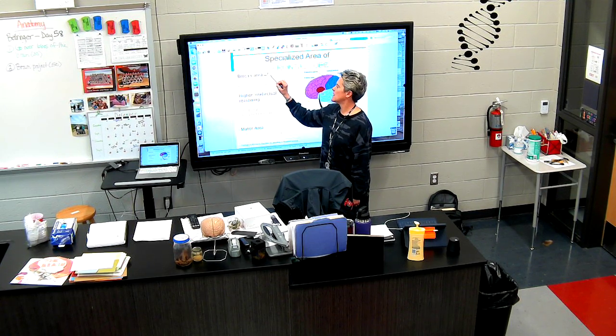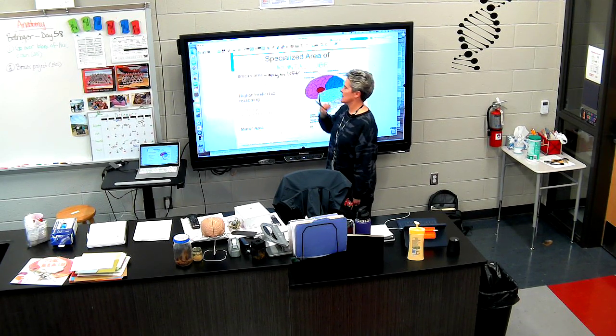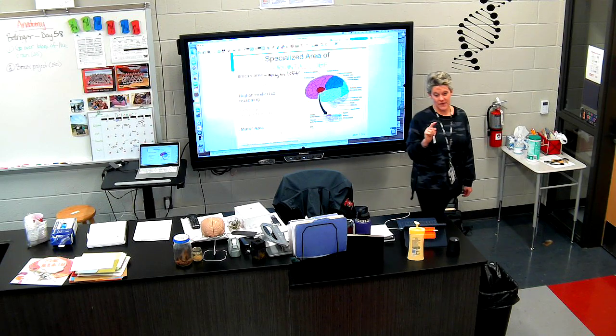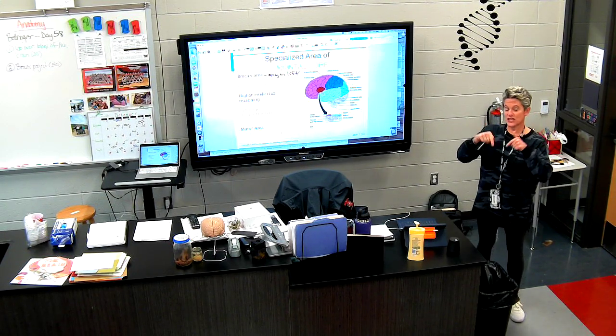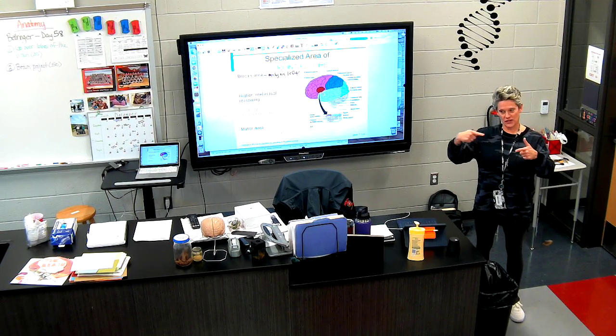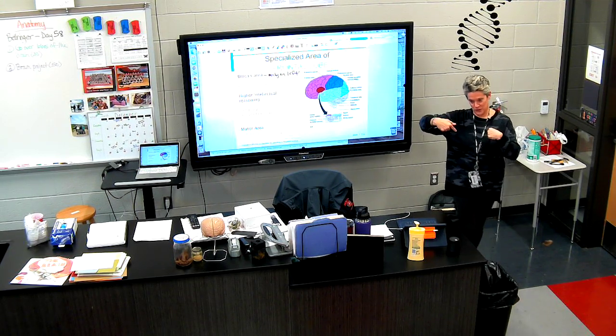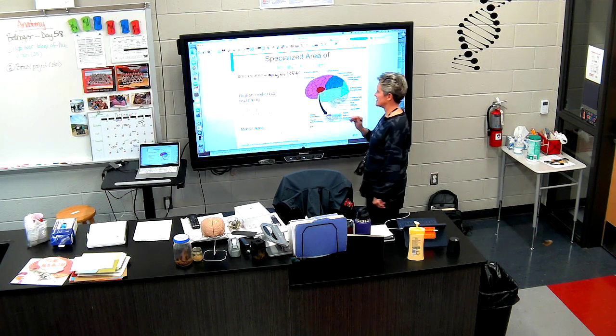This is only on the left side. The Broca's area is not found on the right side of the brain. It's only on the left side. And this will relate to the video that we watched yesterday, with the guy with the corpus callosum severed. I'll explain that in a second.